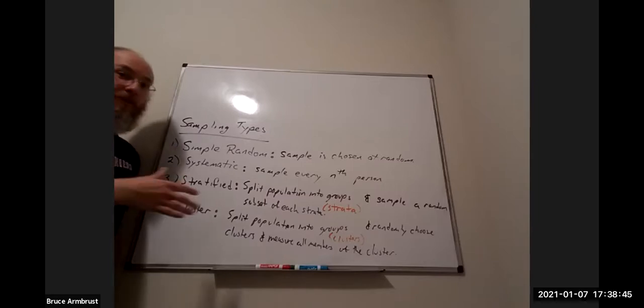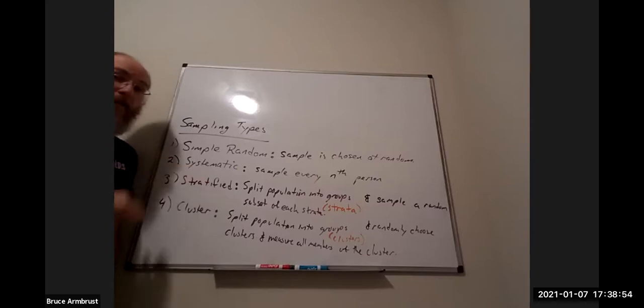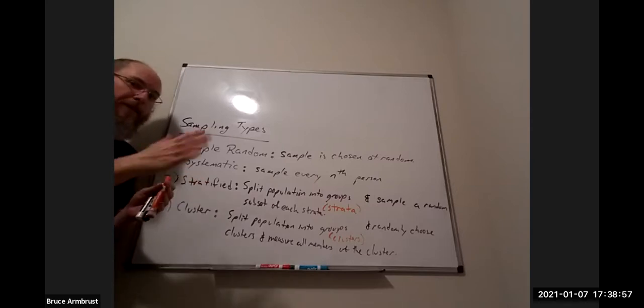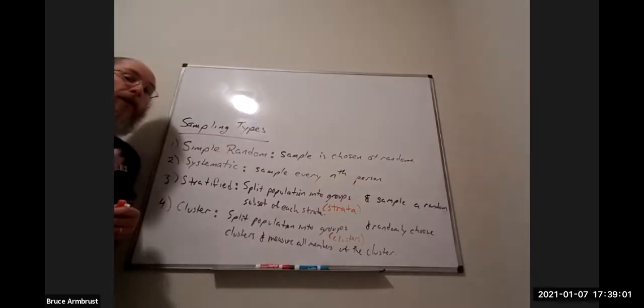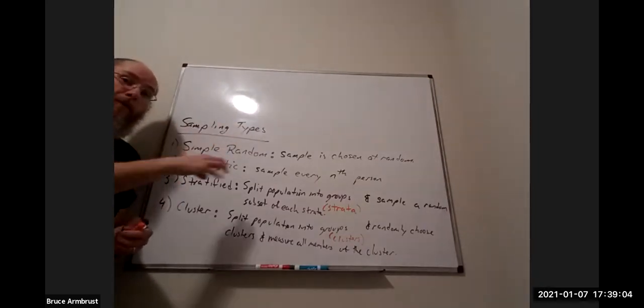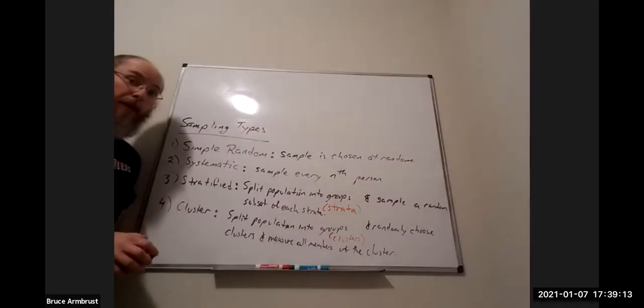So I warned you that these are really, really similar, and you can start to see why. But here's the difference. With stratified, go back to the math students. You're all split into your math classes, and I go in and I randomly pick some from each of the math classes. For cluster, I split you all into math classes, and then I randomly pick some of the math classes.